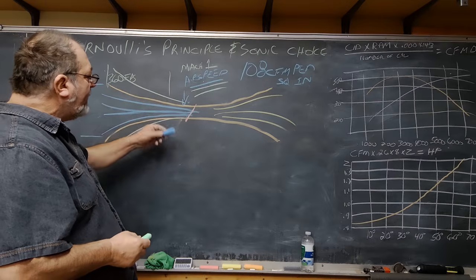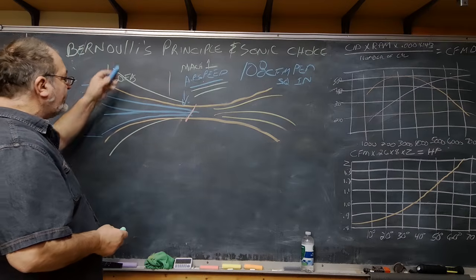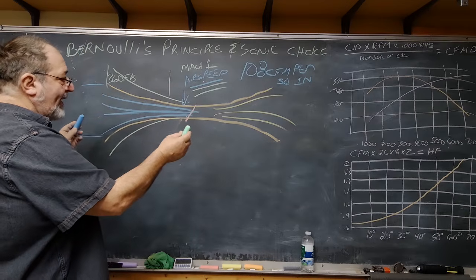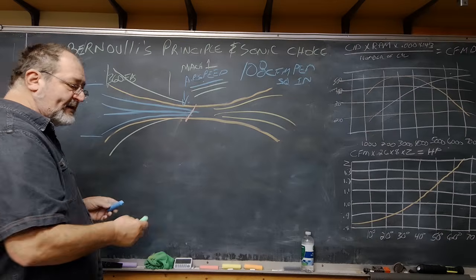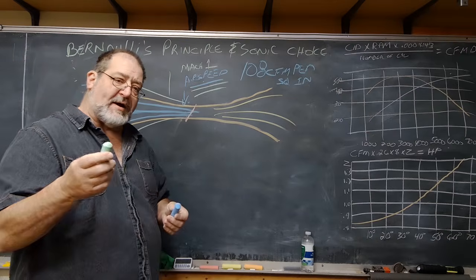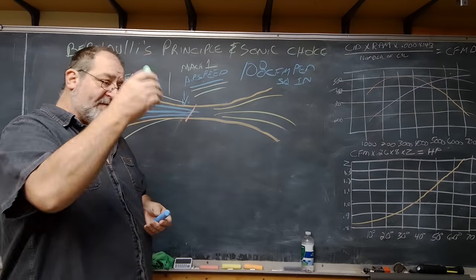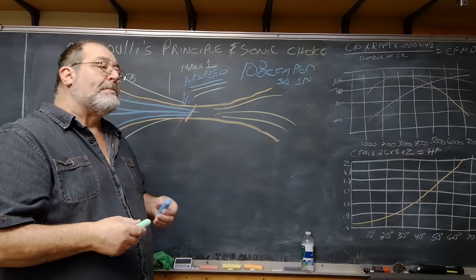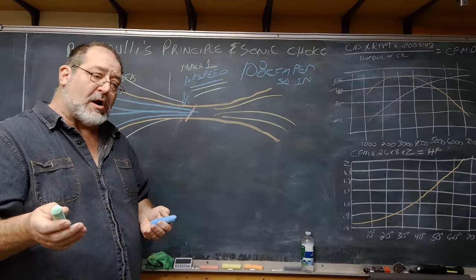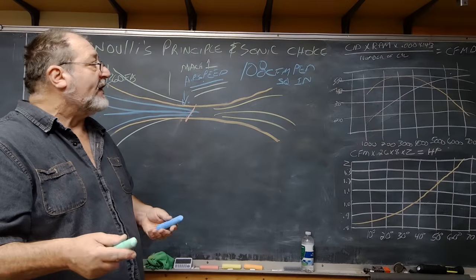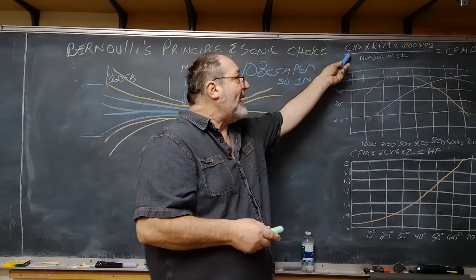Because the other variable about this is Bernoulli's principle really talks about a steady state, not a varying rate. And in the engine, not only do we have the valve opening and closing, but we have changes in RPM. And we've talked about this. I mean, remember CFM demand.